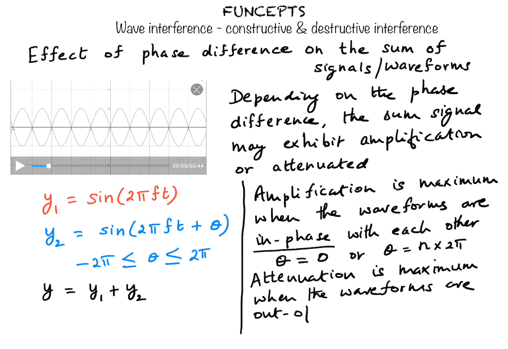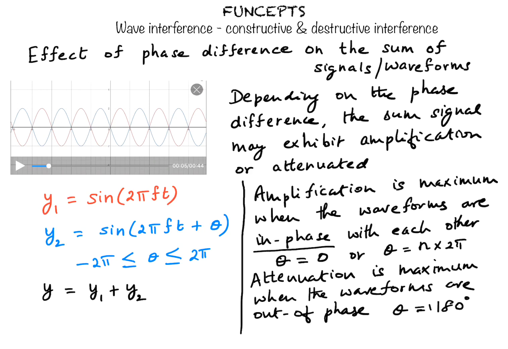Out of phase, that is theta is equal to 180 degrees, or it can be plus 180 or also minus 180. So we can say plus or minus 180 degrees.